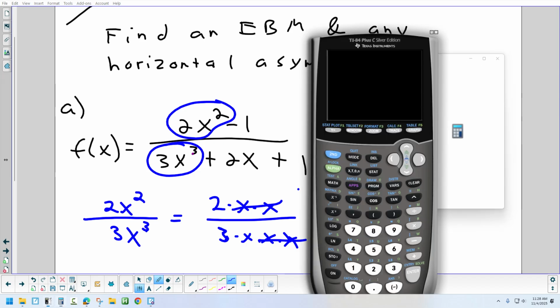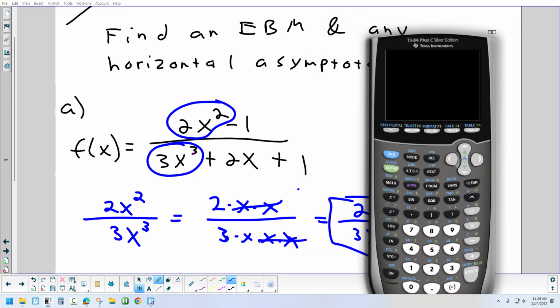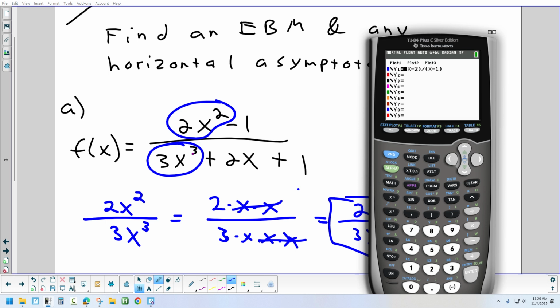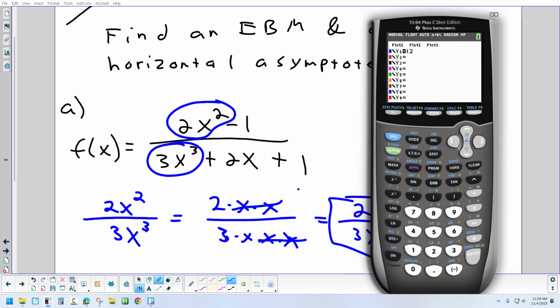Now, let me graph it, and let's see what it looks like. I'll graph the original, and I'll graph the EDM. What was the name for the highest degree term in the equation? The term with the highest degree. Well, we usually put it first, and if it's first, it's called the leading term.